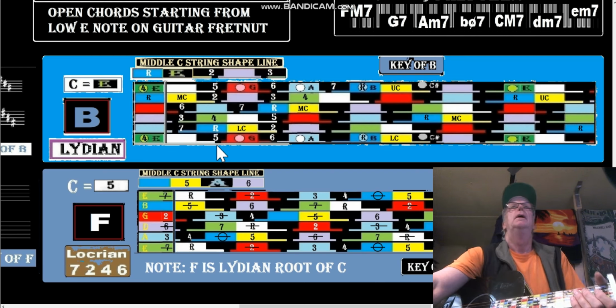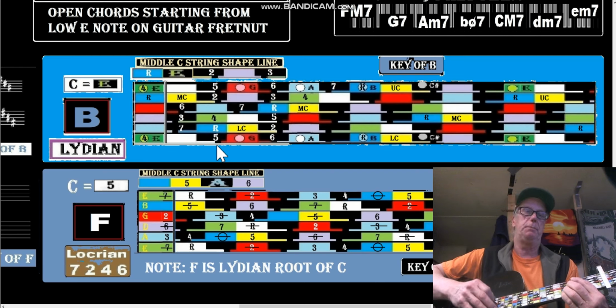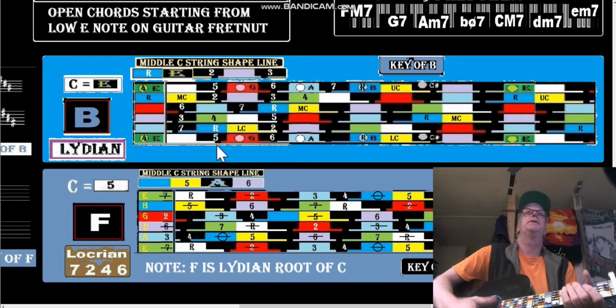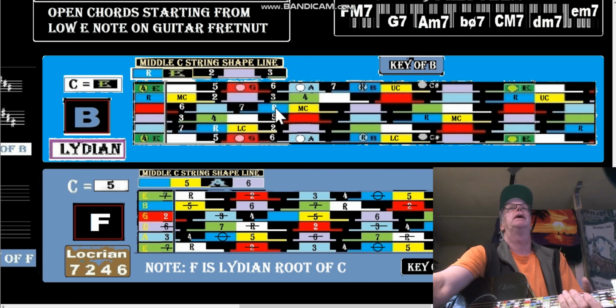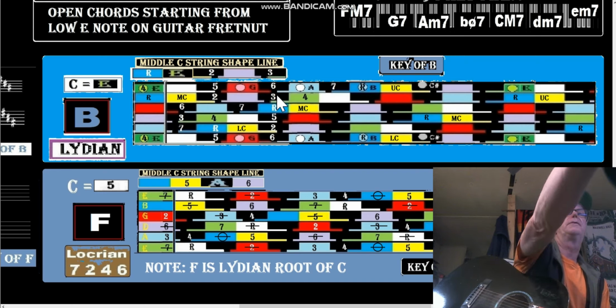So we'll go up one CAGED shape here to the A-shaped B. But here's B as the Lydian. Now A-shaped is 5 root 3. The fifth of B is 5 root 3, like that.